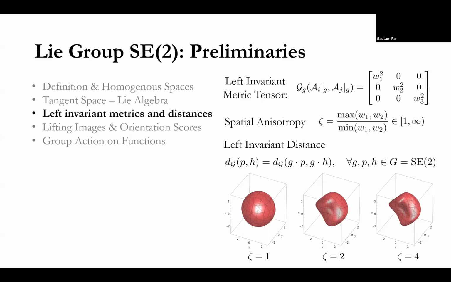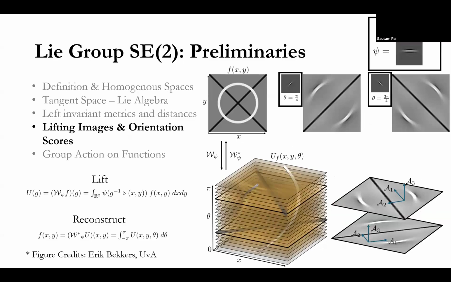And so how do we work with images? We lift an image into the space of positions and orientations by convolving with some filter which is parameterized by an angle theta. Generally one can choose any filter, and since it's parameterized by orientation, you convolve your image and record its response for each of these orientations, and you get a stack of responses, which is your orientation score.